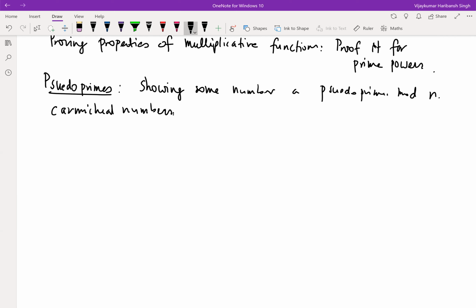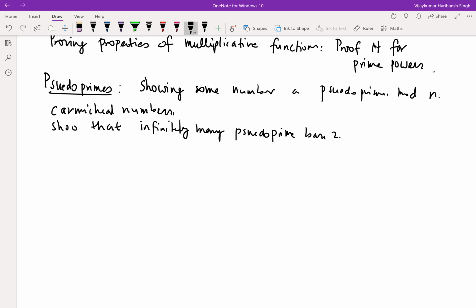Finding pseudoprimes, show that there are infinitely many. We have already shown this, show that there are infinitely many pseudoprimes, base 2. So what about base 3? That's one thing you can look at.